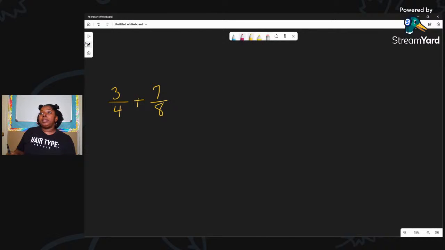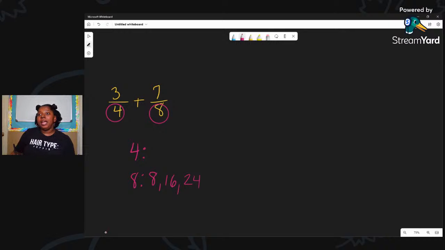Look at your denominators. We have 4 and we have 8. So this is how I like to write it. I put the 4 here, 8 here. Now I like to start with the bigger numbers. So count by that number, right? 8, 16, 24.